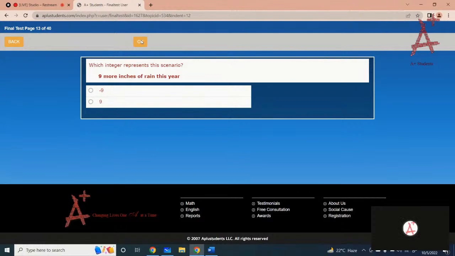Very good, Elvin. Very good, Cap Misola. Okay, which integer represents the scenario? 9 more inches of rain this year. Is it positive or negative? Yes, positive 9. Very good.